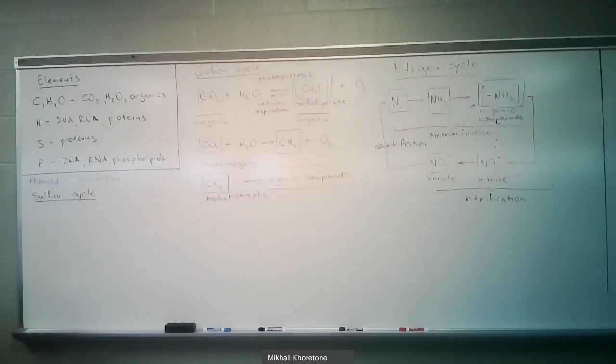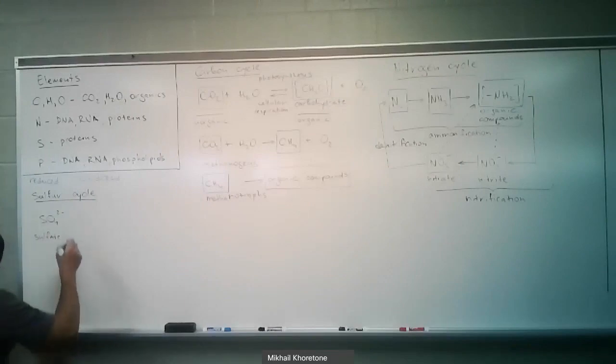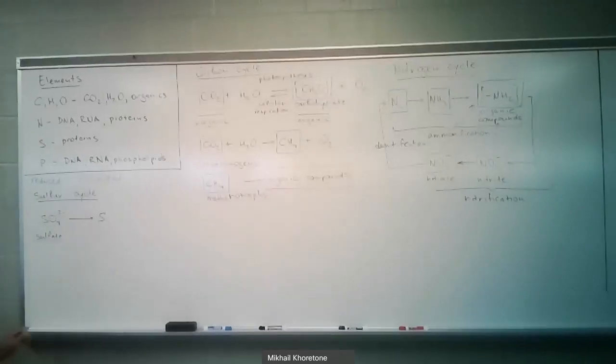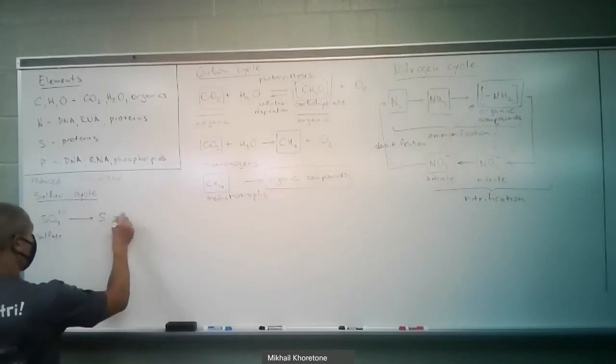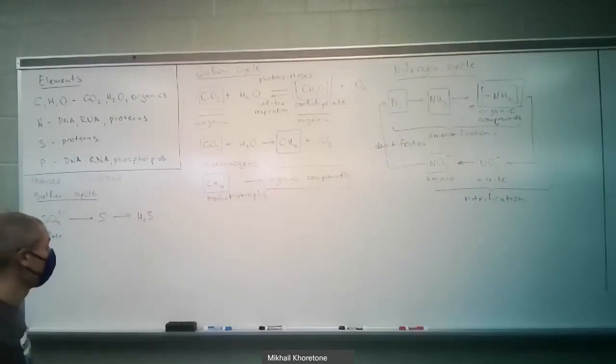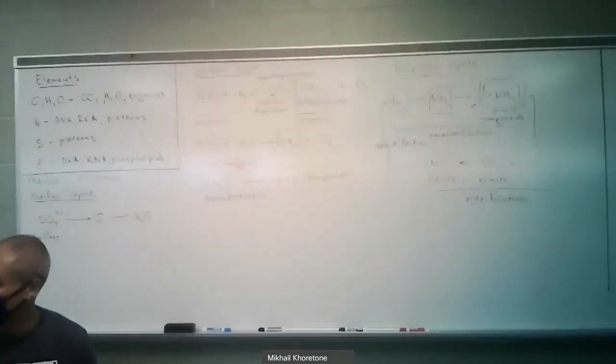As you may remember, we mentioned that sulfate may serve as the final electron acceptor in the process of anaerobic respiration. The sulfate will be reduced to molecular sulfur, like the solid sulfur, that can be deposited, and eventually to hydrogen sulfide. Okay. So you are all familiar with that when you smell rotten eggs.